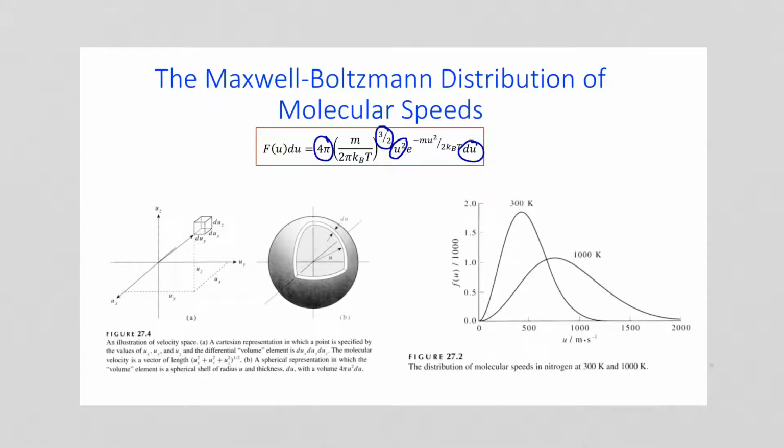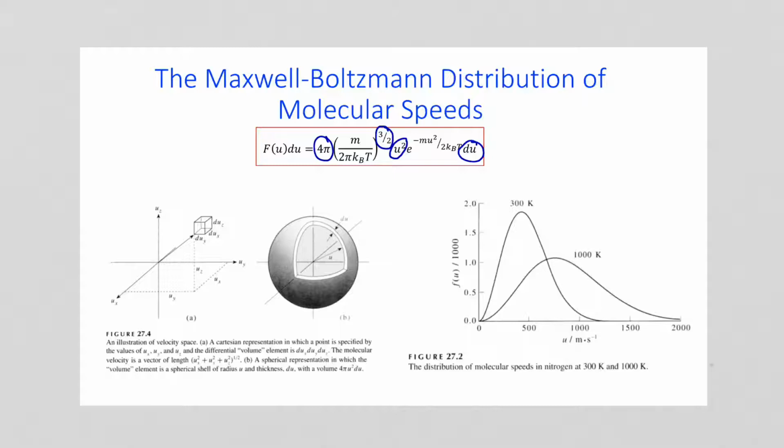That part is coming from, again, I mentioned that we're taking into account that we're now going to be looking at a three-dimensional velocity space. So we're kind of switching into what we call spherical coordinates, which you may remember from a math class.